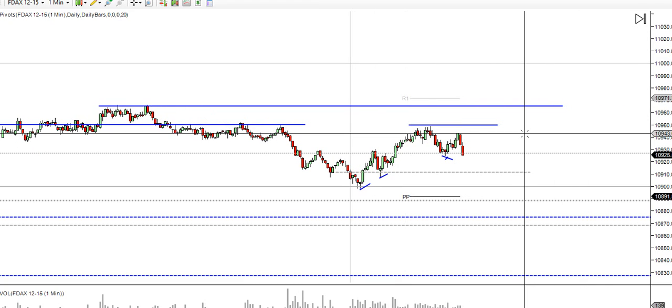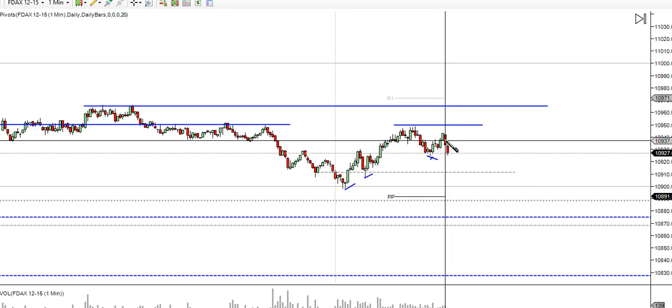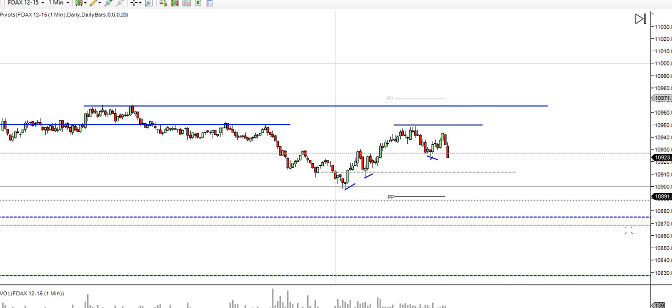So I closed the position again. I don't like this price action on SPY. Looks like it could go very aggressively to the downside. So we'll see. Or otherwise it could be just a range session. But SPY looks like it went from 211 to 210 in a few minutes.